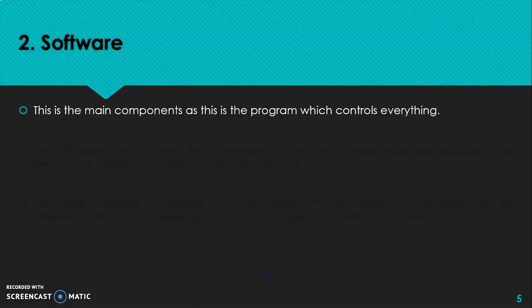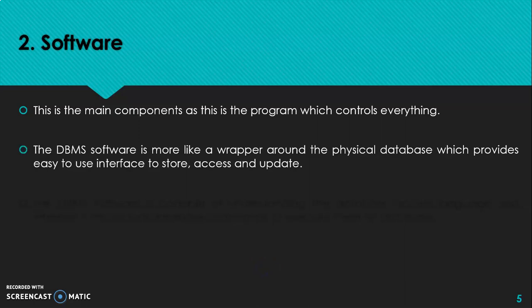Next is the software. Now this is the main component as this is the program which controls everything. There are different database softwares, so this becomes the important part. The DBMS software is more like a wrapper around the physical database which provides an easy to use interface to store, access and update.